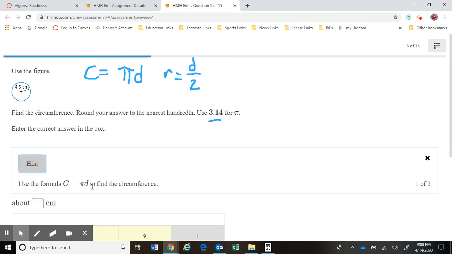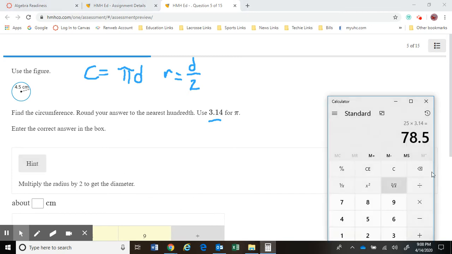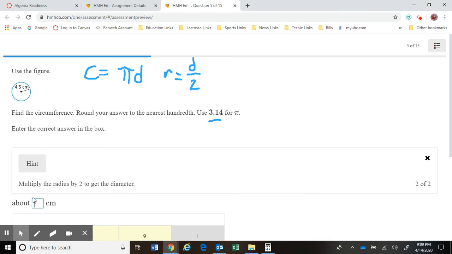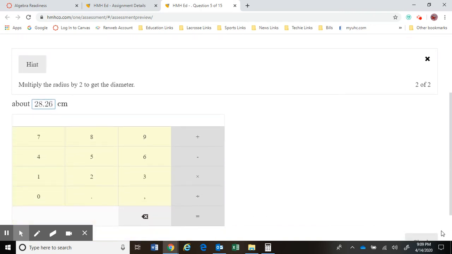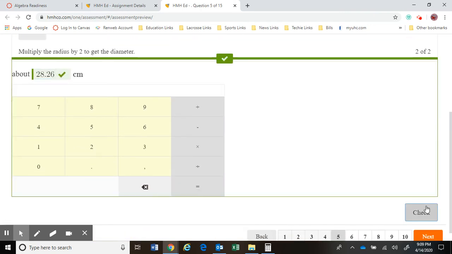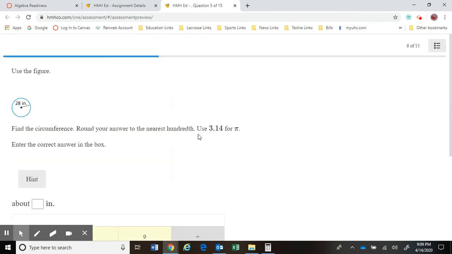Multiply the radius by 2 to get the diameter. So now I have 9 instead of 4.5. 9 times 3.14. There's your answer, 28.26. Check. All right, moving on.